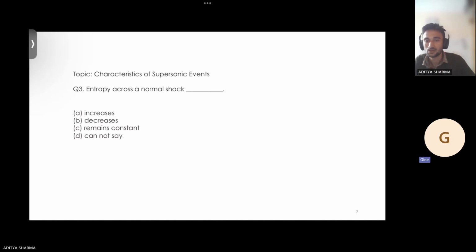Increases. Increases. All right. So let's see. Increases. Yes. So we have the last two subheadings on entropy change.